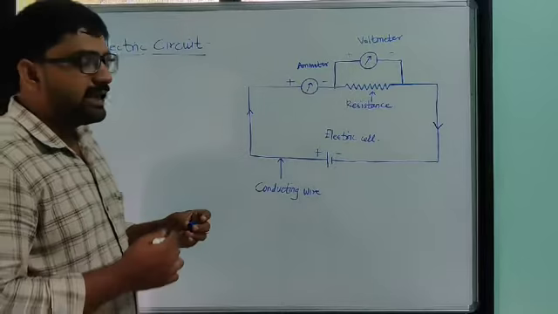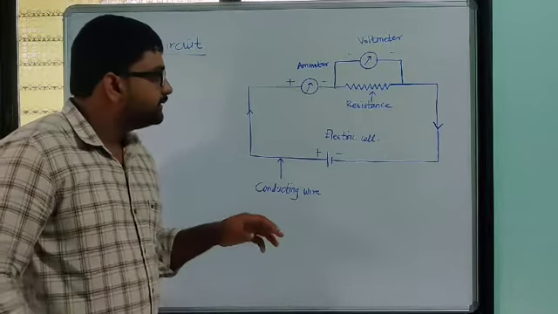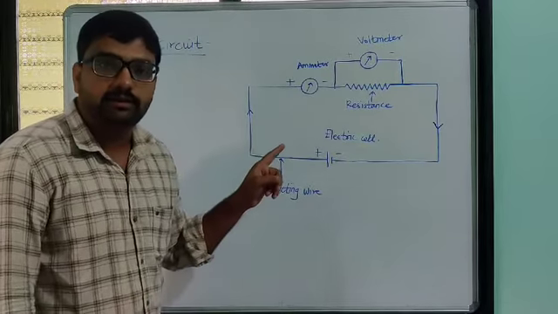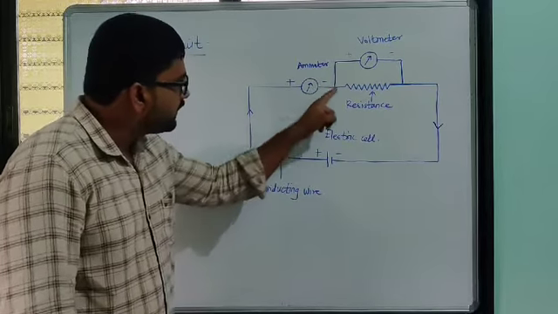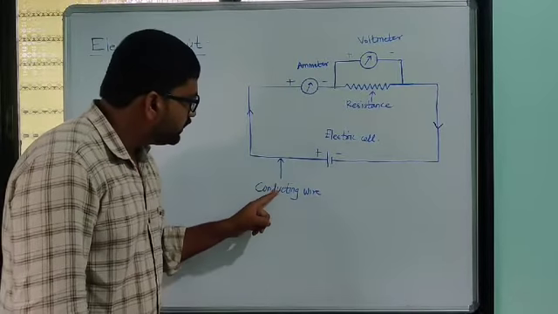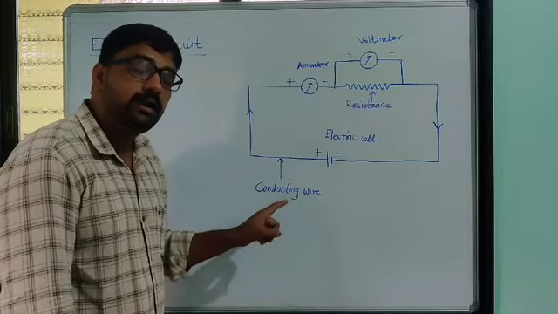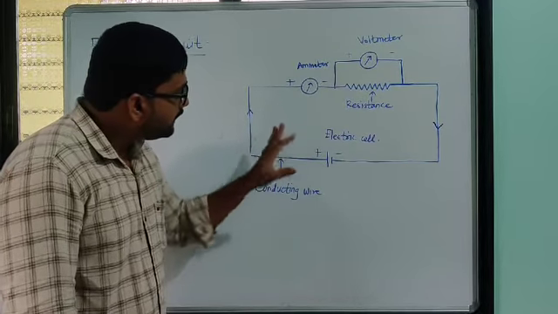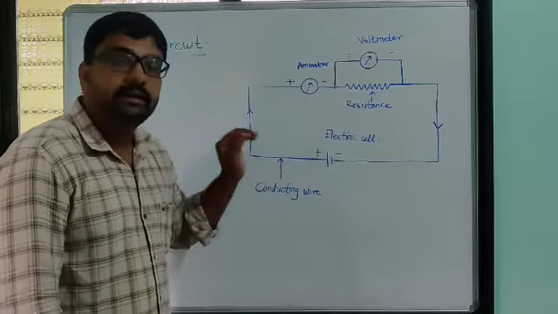We can define the electric circuit as the continuous path of electric current, which is made by using conducting wires and by connecting all the electric components in it.